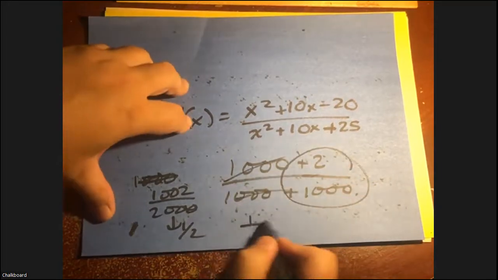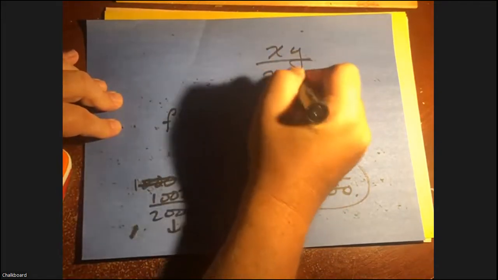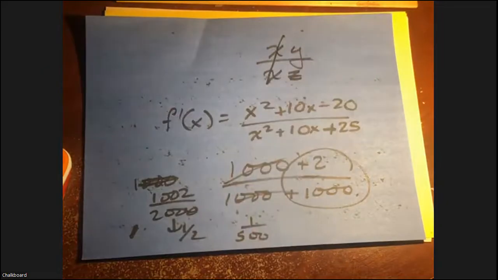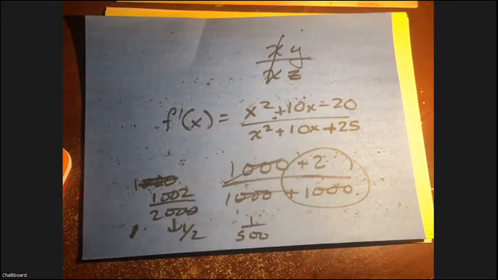It becomes 1 over 500. 1 over 500 and 1 over 2 are very, very different. In other words, you may not cancel them out because there are plus signs. If they were multipliers, then yes, of course, please scratch them out. But there's plus, do not cross them out. And if you do, you'll find yourself going down the wrong road and you'll start getting stuff wrong. Very common 9th grade math snafu mistake.